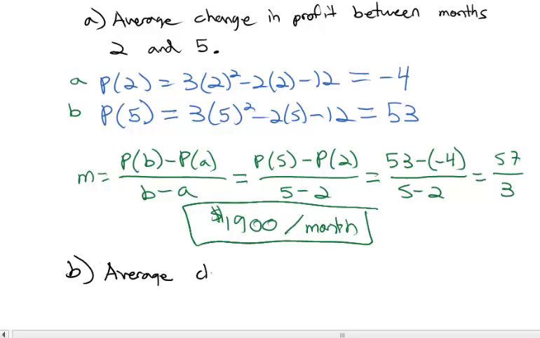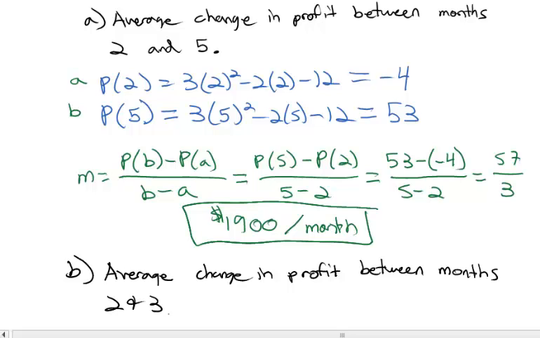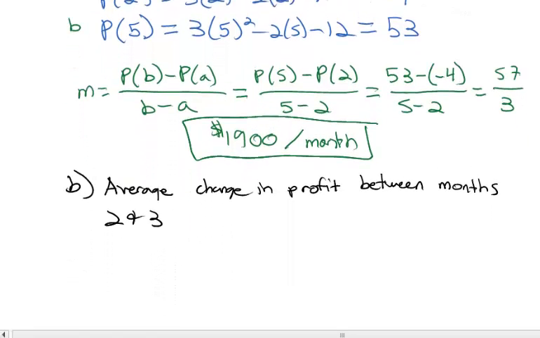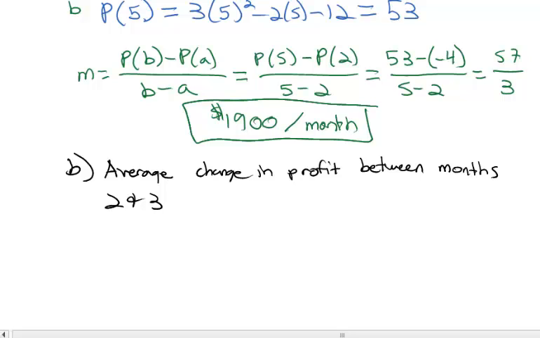The average change in profit between months 2 and 3. Much the same way, we need to know what's happening at month 2. We need to know what's happening at month 3. And then we'll make 2 our A and 3 our B and plug it into our formula.